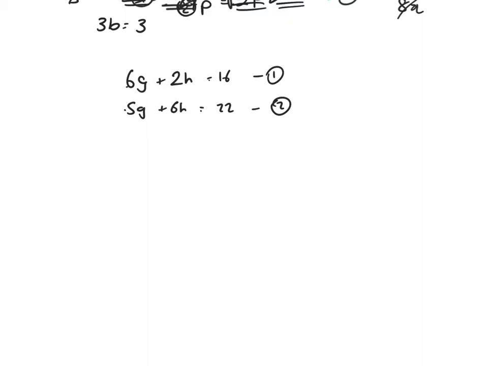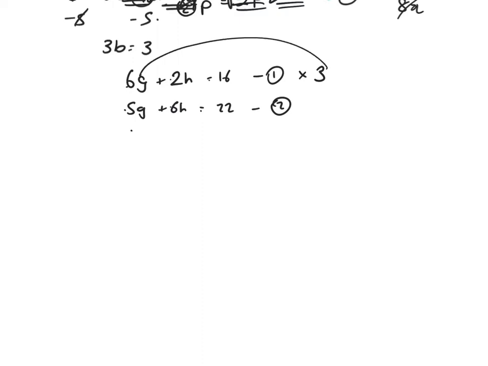But I could definitely get the 2h up to 6h by multiplying that equation by 3. So everything in equation 1, I'm going to multiply by 3 to get the 2h up to 6h. So 6g times 3 is 18g, 2h times 3 is 6h, and 16 times 3 is 48, equation 3.